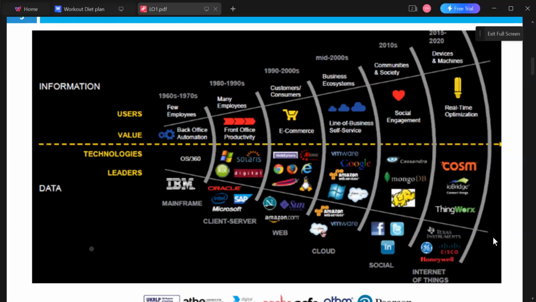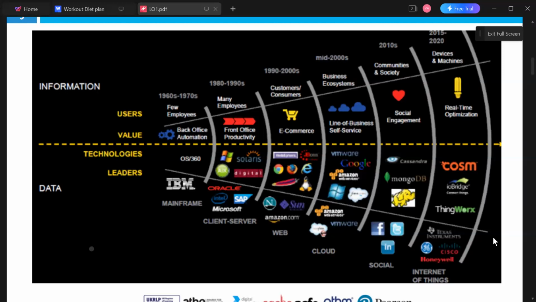So this is the evolution of how computing has been going from the early 60s, where in the 60s we had mainframe, and coming up to the 80s we now have client server.